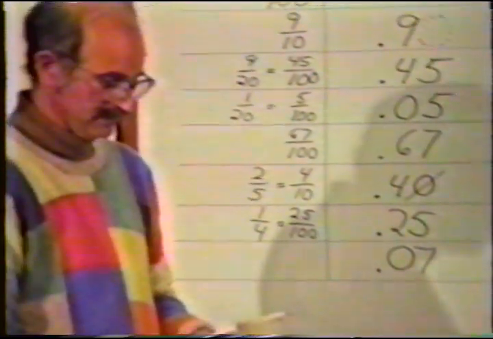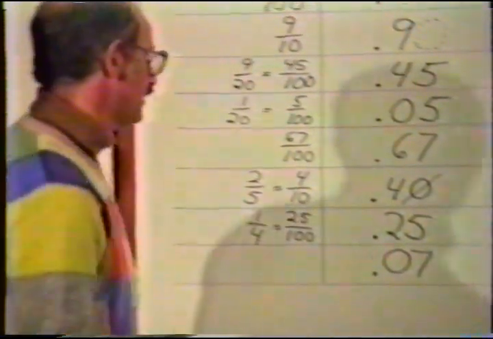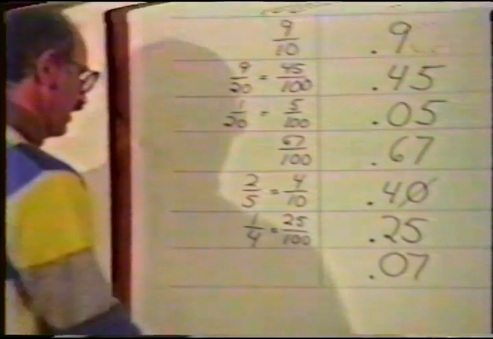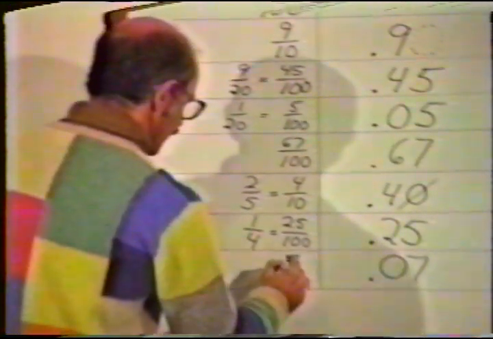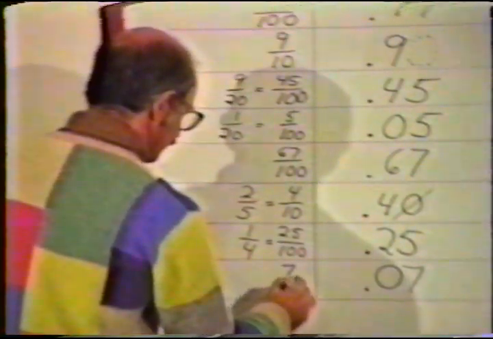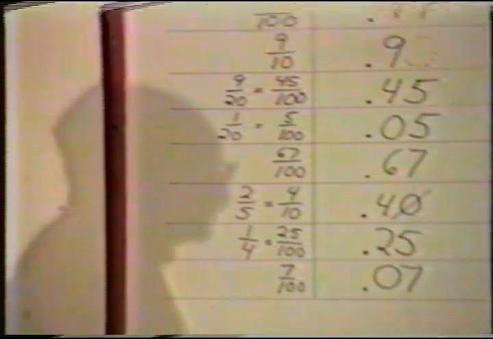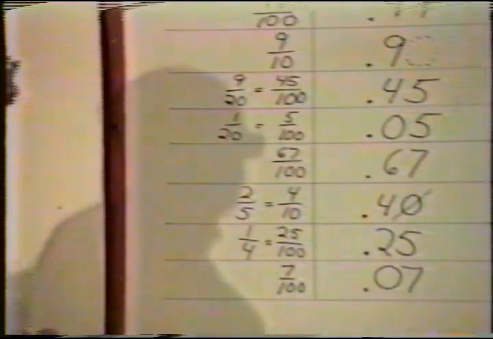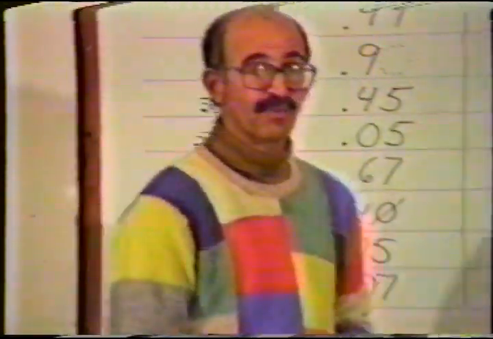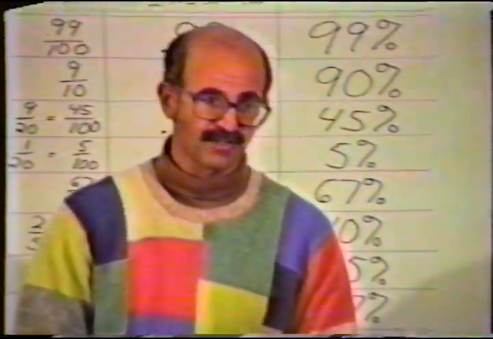What is that number? 7 hundredths. We'll write that as a fraction. Can it be reduced? No, it can't. That one is already in lowest terms.